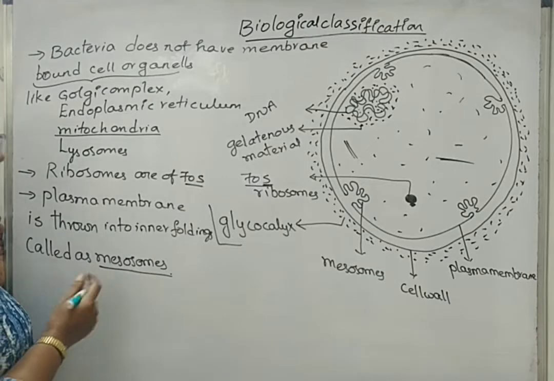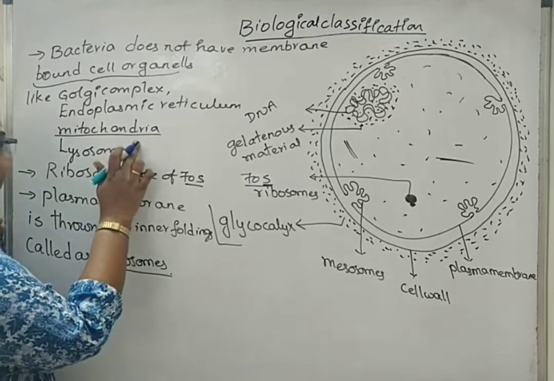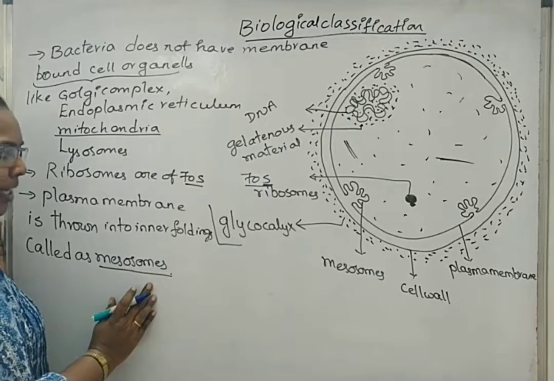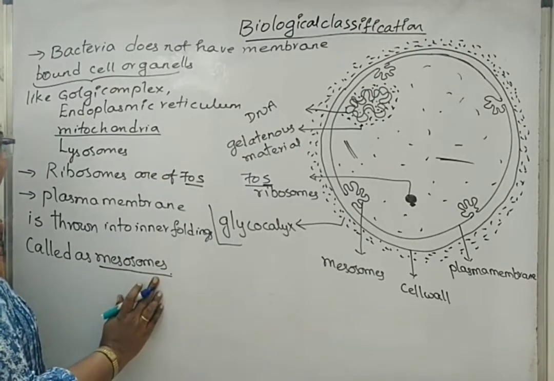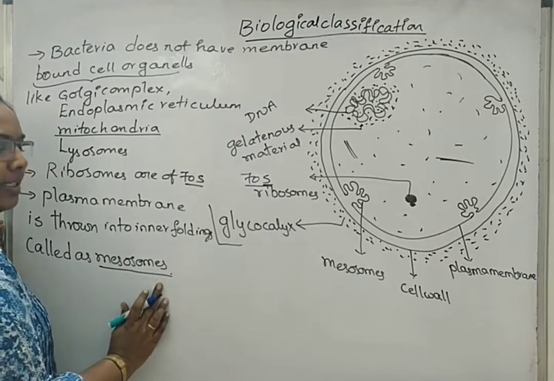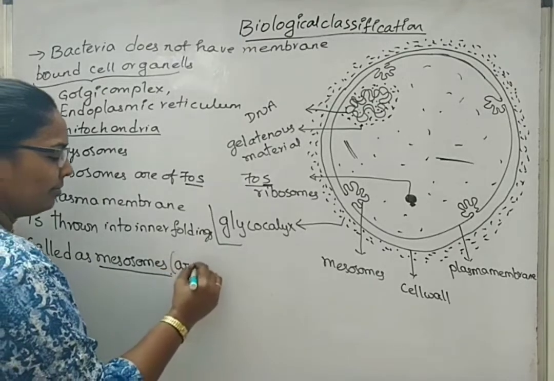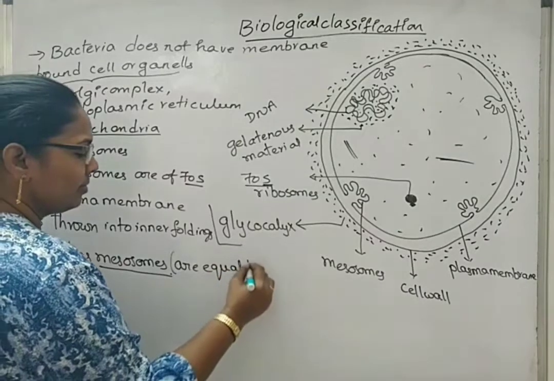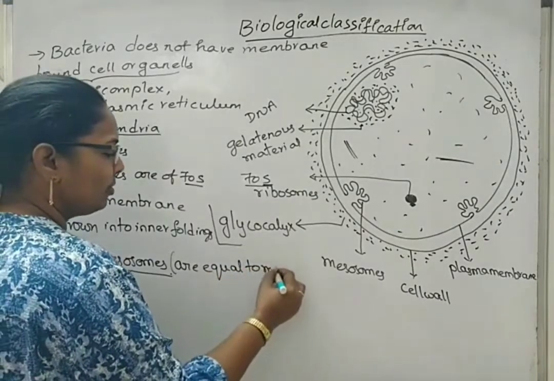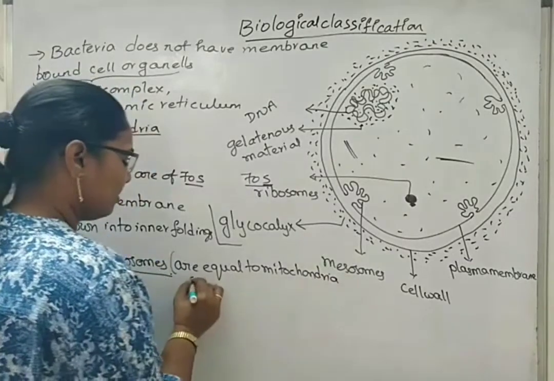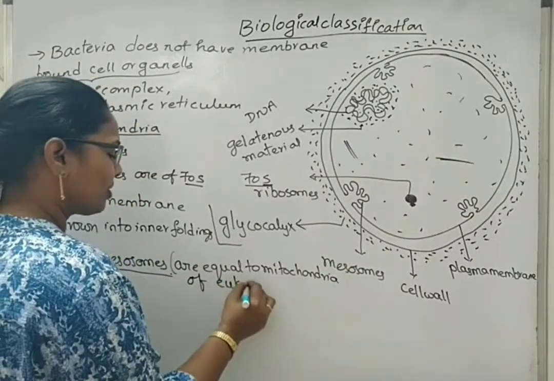Mesosomes are the structures equal to mitochondria, as mitochondria are not present in prokaryotes. So mesosomes exist as the respiratory structures in prokaryotes. These are equal to the mitochondria of eukaryotes.